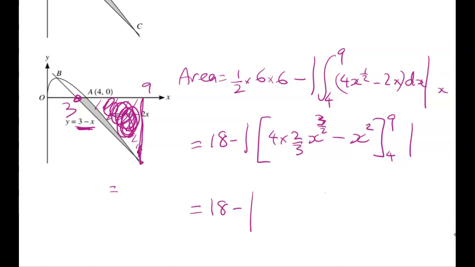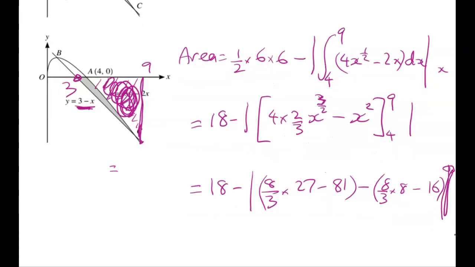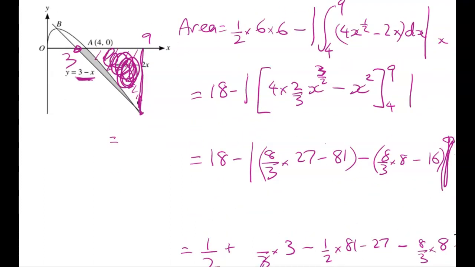18 minus, what have I got? I've got 8/3 times 27 minus 81, minus 8/3 times 8 minus 16. Now, you'll see that we're going to get a negative number for that integral, and then we'll take the absolute value of it.